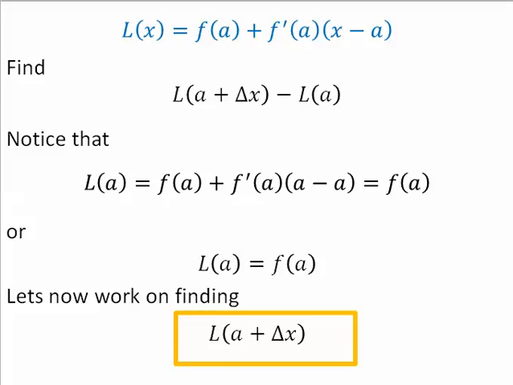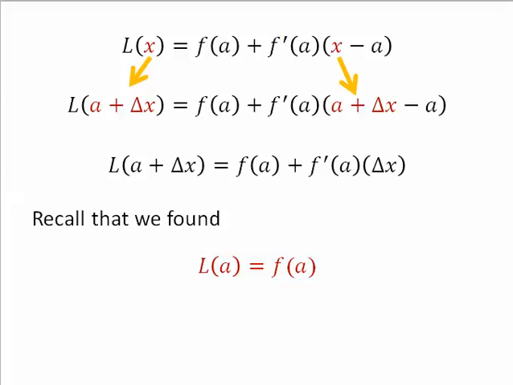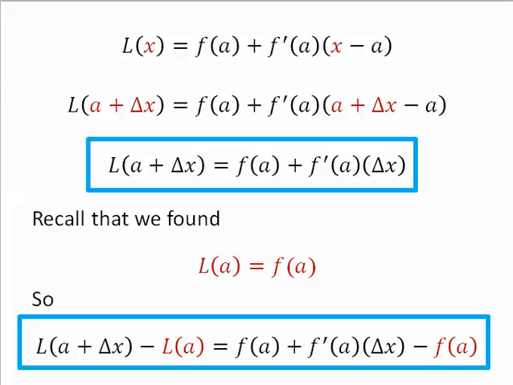Now let's focus on L of A plus delta x, and we're going to use the linear approximation formula. Instead of x, use A plus delta x, and then just clean it up. If we throw in the idea that L of A equals f of A, then that will tell us the vertical change in the linear approximation.